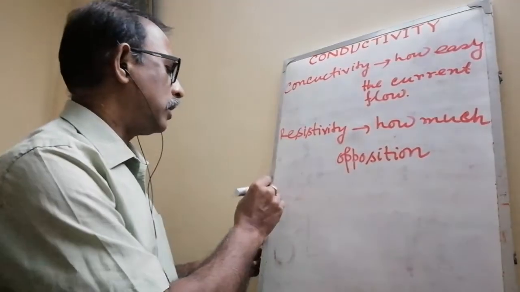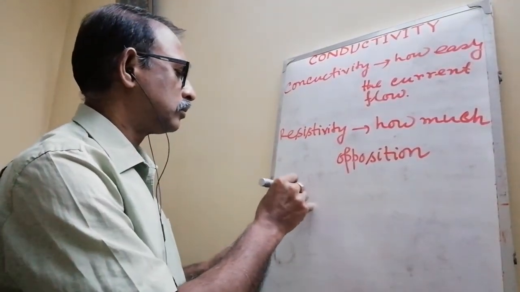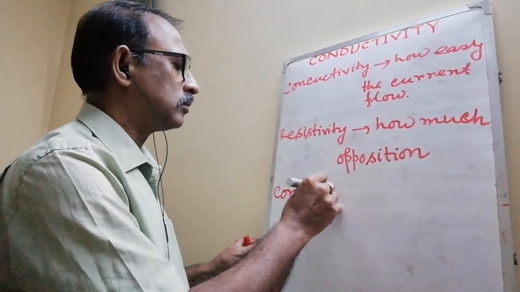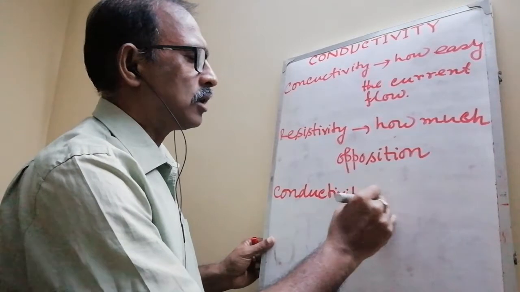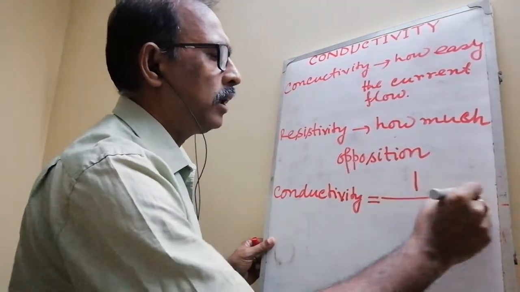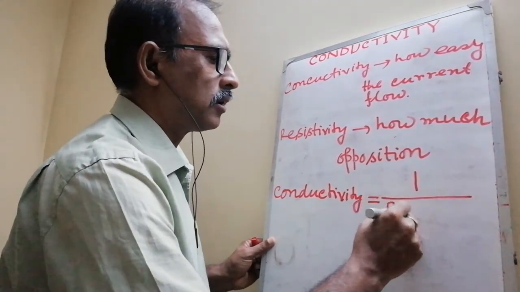Here the conductivity is equal to 1 by resistivity.